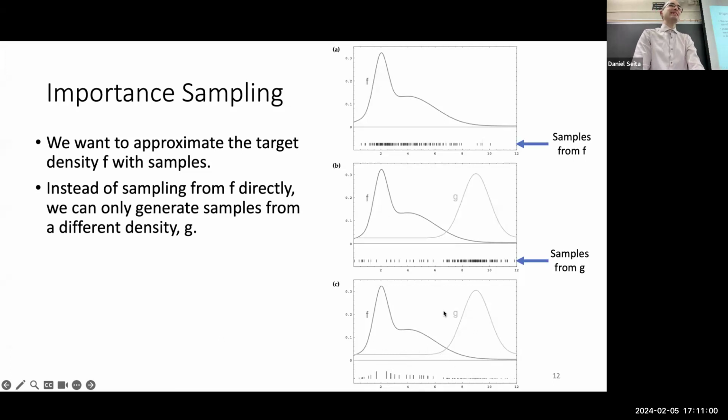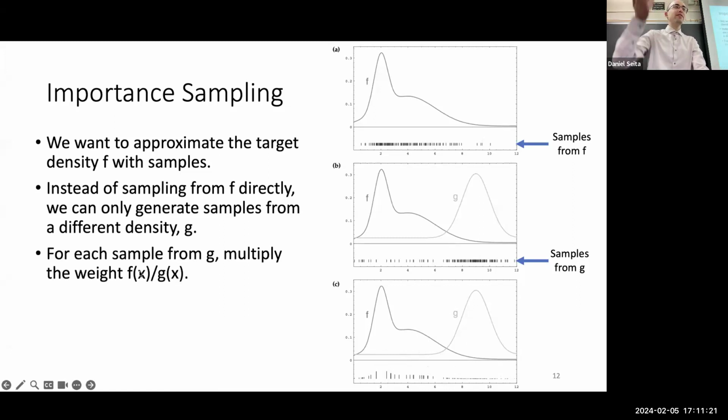What do you think the height represents? What do we mean by the different heights here? Yeah, the weighting term. So for each sample from g, multiply the weight by f of x divided by g of x.